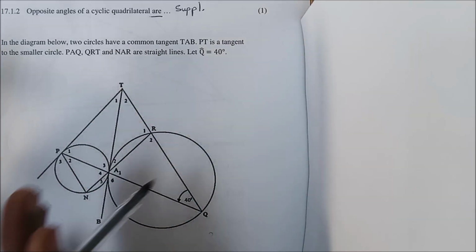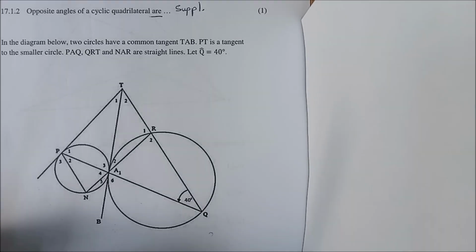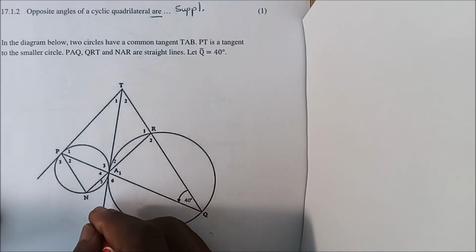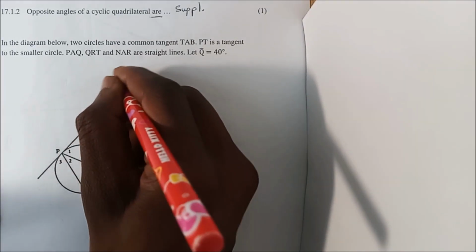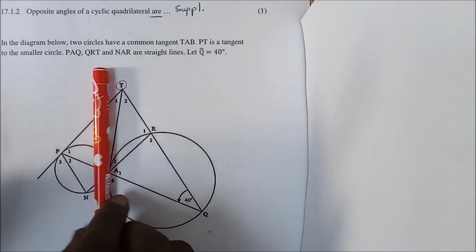So now, where is that common tangent? Obviously, it has to be in between the circles. So now, are you aware that this BT, this line here, is our common tangent?